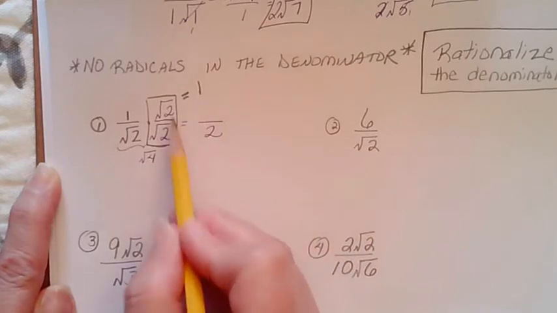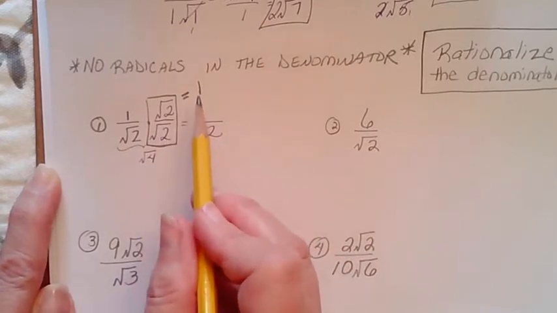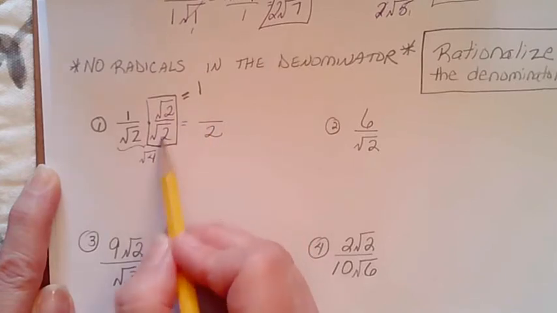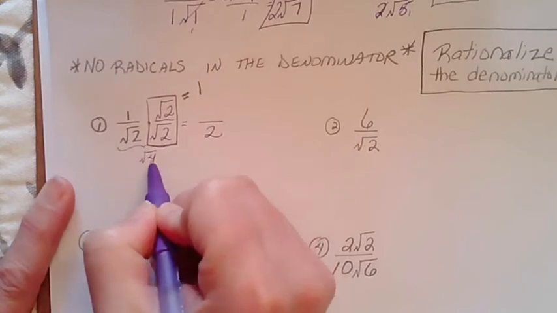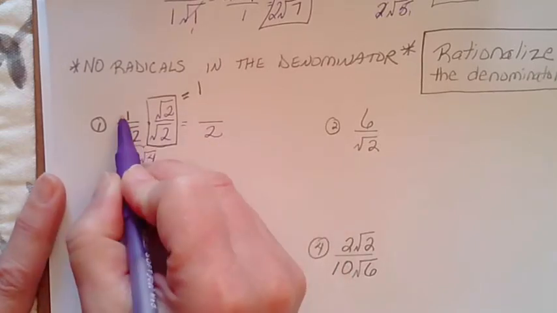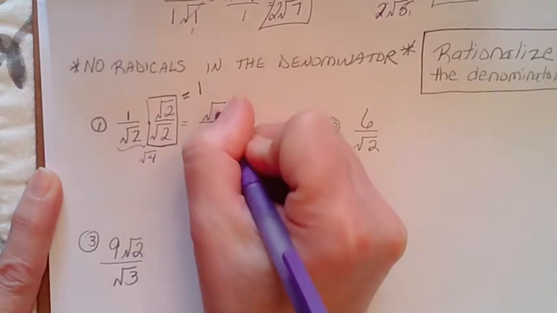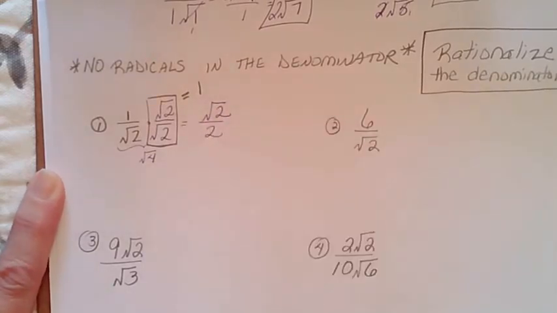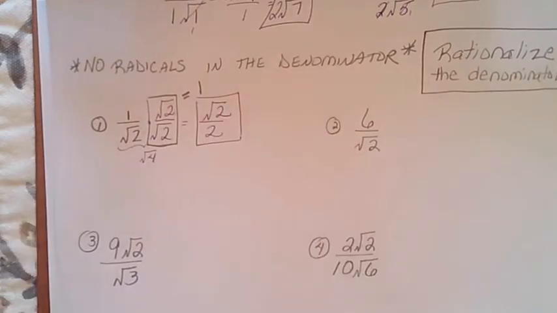We are going to change the way it looks, but it's going to have the same value because we're multiplying by 1. When you multiply across the bottom, square root of 4 becomes 2. Multiply across the top, remember outside numbers, inside numbers, and that just becomes 1 radical 2. I'm just going to write it as radical 2. Okay, first one is always weird.